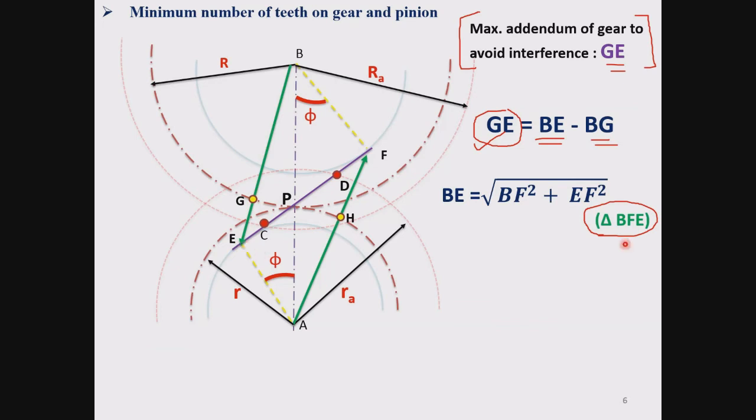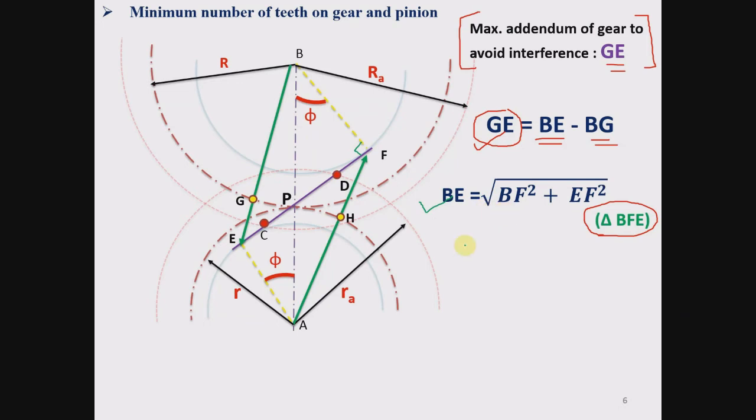So write down from triangle BFE, BE is equals to under root of BF square plus EF square. It's very simple. From triangle BFE, which is right angle triangle at F, using the Pythagoras theorem.